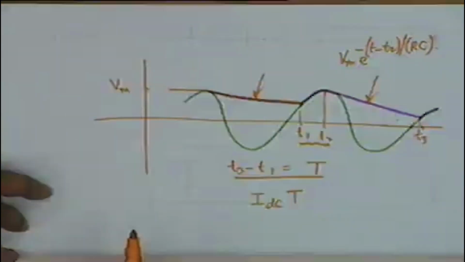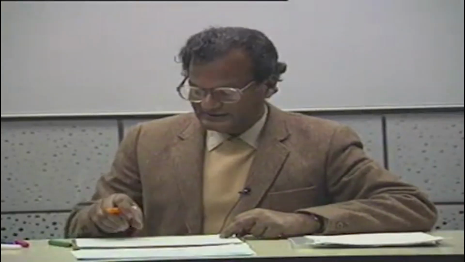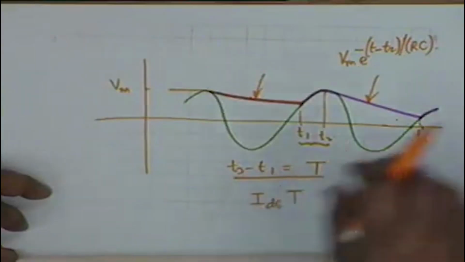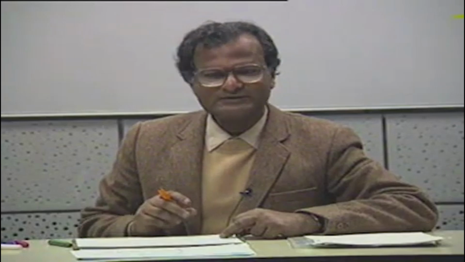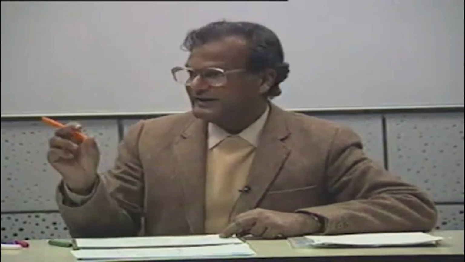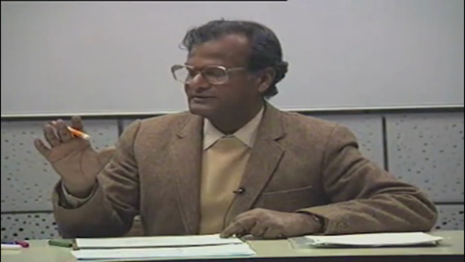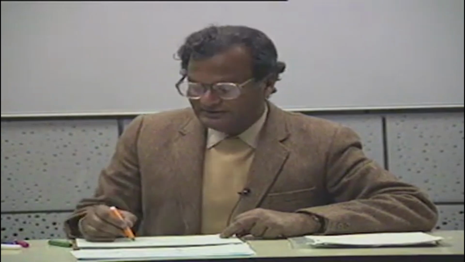Isn't that right? This charge, the charge that the capacitor loses to the load, it's a beautiful physical equality, conservation of charge. It is only that amount of charge that the capacitor gains during the time that the diode conducts.